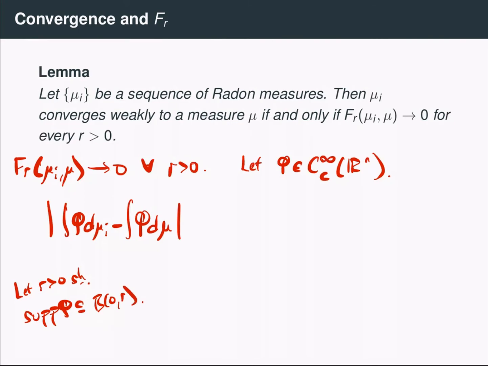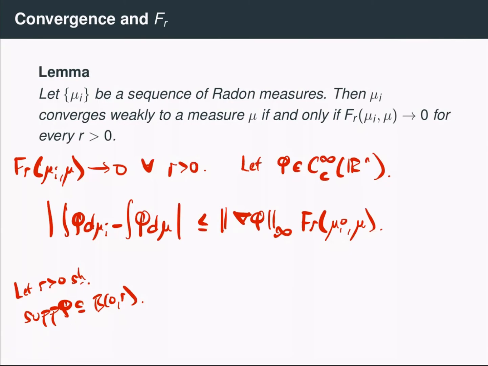Notice that phi, because it's C infinity, is a Lipschitz function. Although the Lipschitz constant is not necessarily 1, it will be the L infinity norm of the derivative. Because phi is supported in this ball centered at 0 of radius r, this difference is at most the Lipschitz constant of phi, which is the infinity norm of the derivative, times the F_r metric between mu_i and mu.